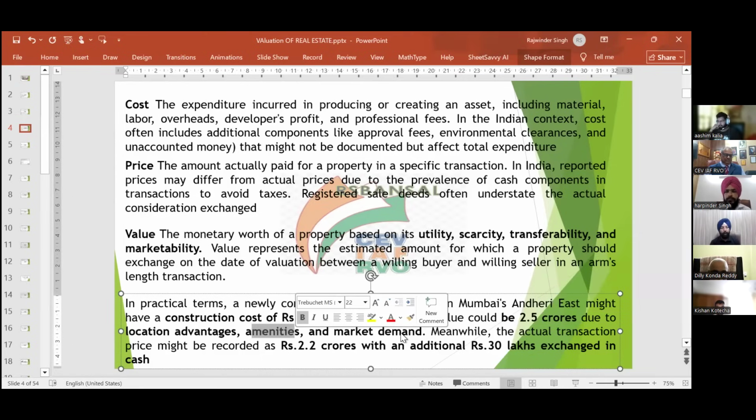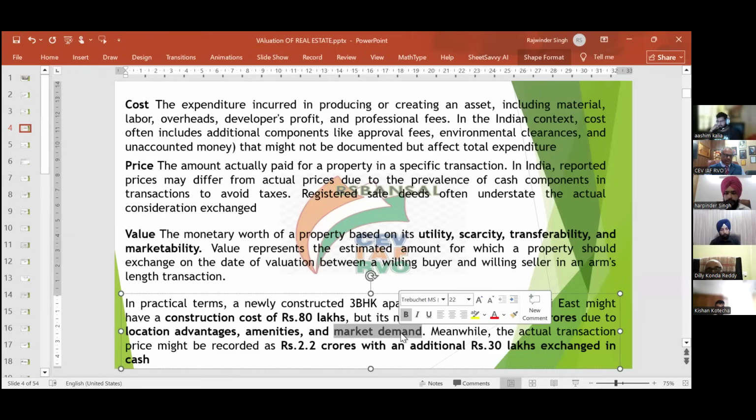There is huge demand in the market of such apartments. Because of that, the developer was able to sell that apartment at 2.5. So the buyer was ready to pay 2.5 crores.